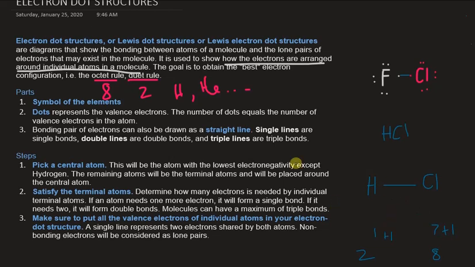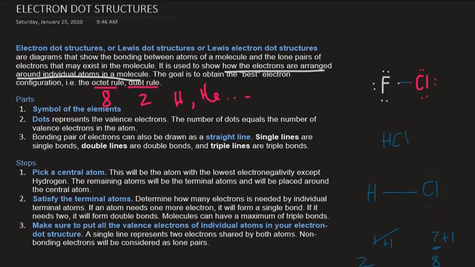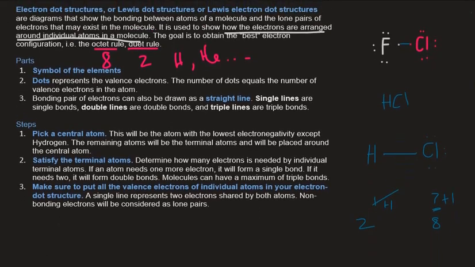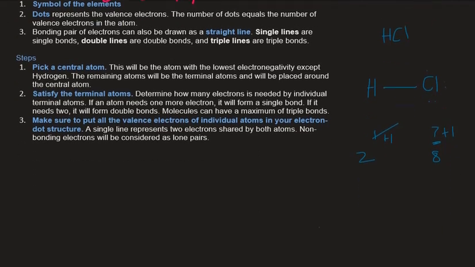So we'll now check the number of valence electrons. Hydrogen has 1 valence electron, which is correct here, and Cl must have 7 valence electrons in this diagram. 1, 2, 3, 4, 5, 6, 7. So both of them are stable now. So this is the electron dot structure for HCl.